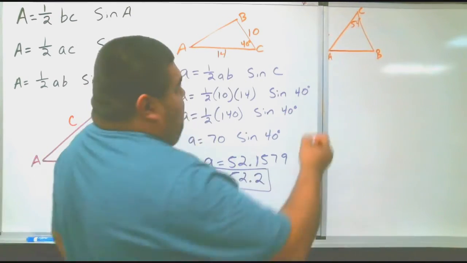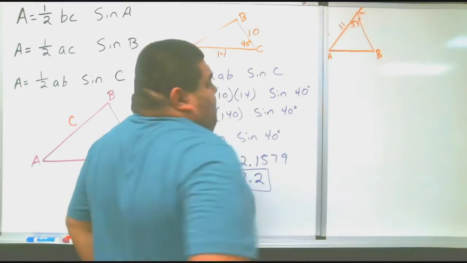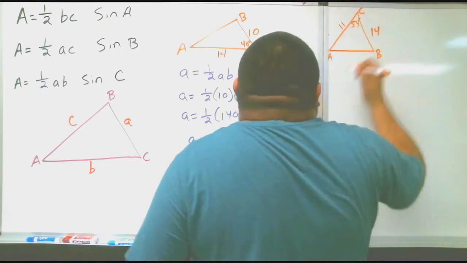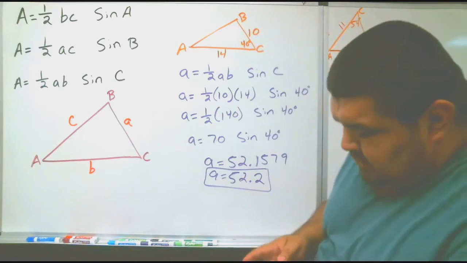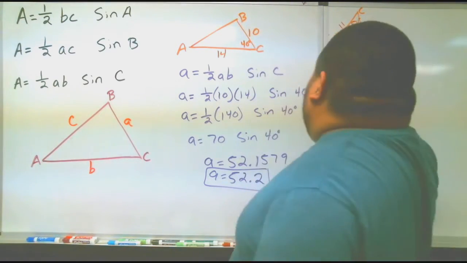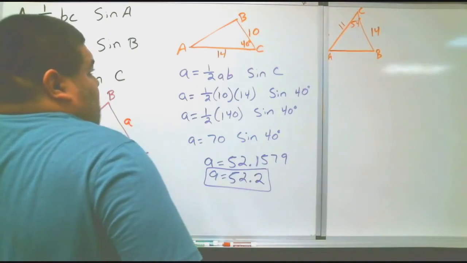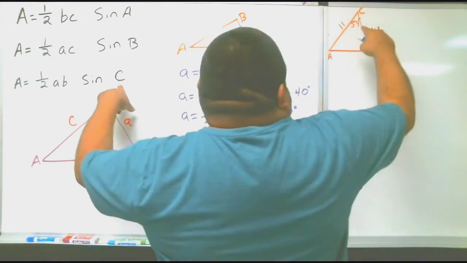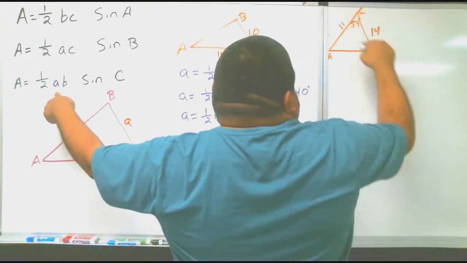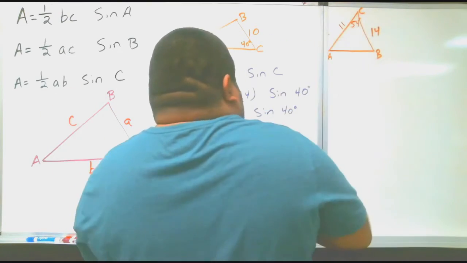We also have side B, and then we also have side A, which is 14. By just looking at this triangle, again, we have C, because it gives us C as the angle. We have little a, and we have little b. Okay?